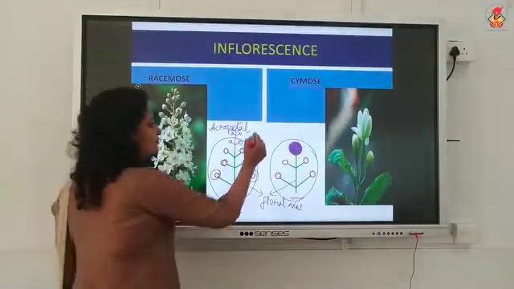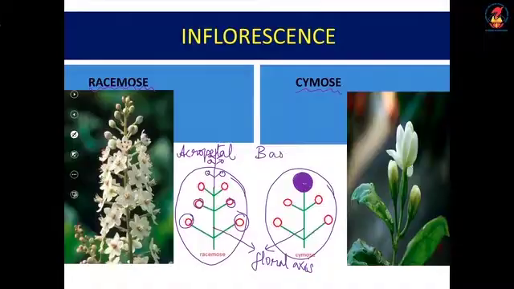Whereas in cymose inflorescence, the arrangement is called basipetal. Meaning of basipetal is the reverse. Older flowers on the apex and younger flowers towards the base. See, this is so big. The younger flowers, I am going to draw as extra lateral flowers. This is going to be smaller.